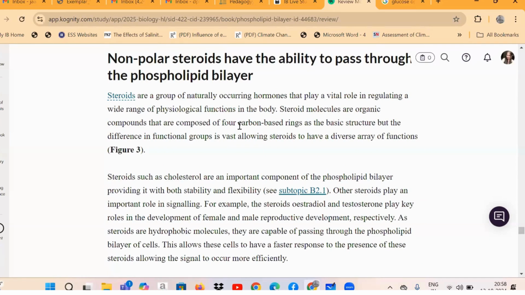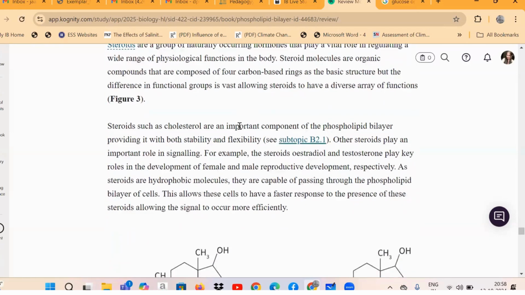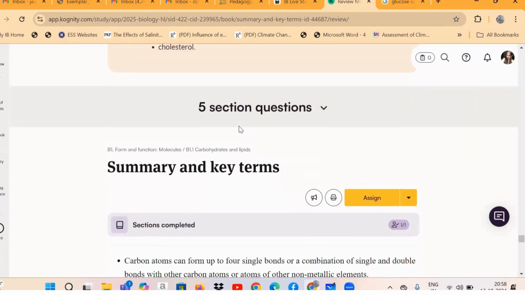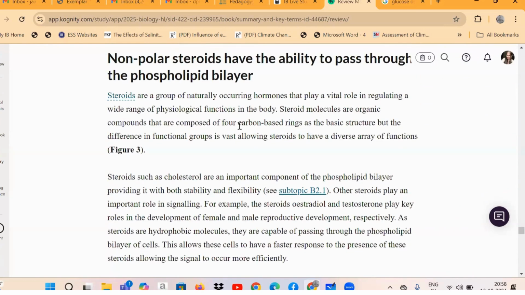How do non-polar steroids pass through the bilayer? Maybe through protein channels or pumps. Steroids are hormones, required by a cell to perform certain functions.